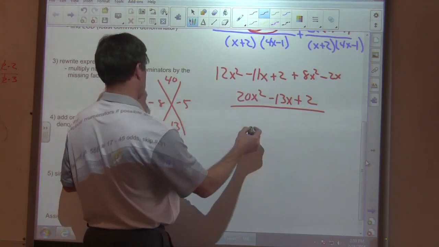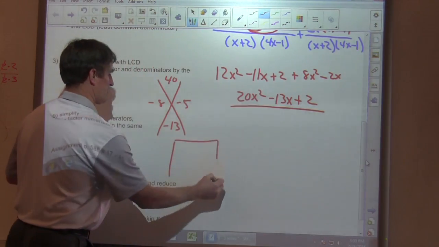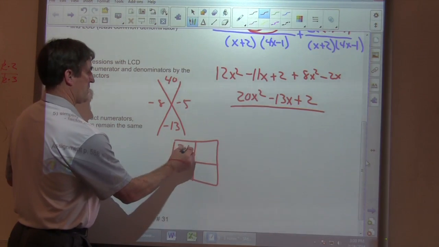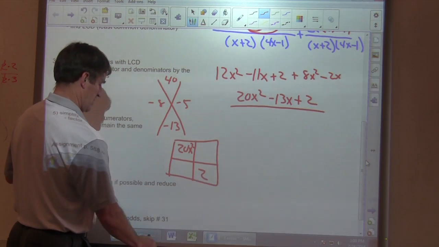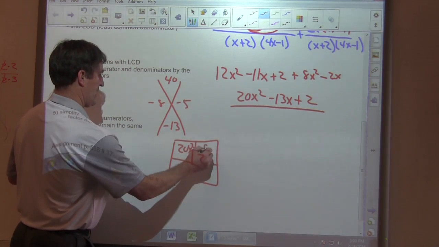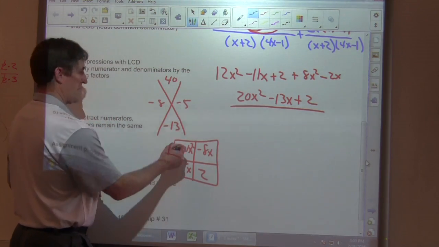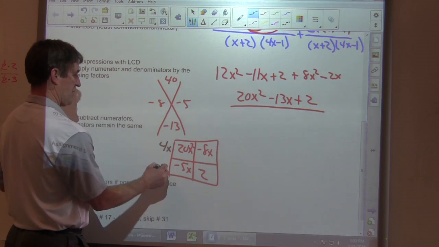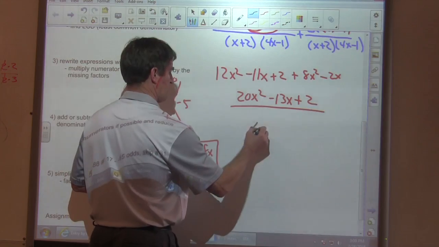So this factors into, we're going to have to build the box. So we get 20x squared and 2, and then our negative 8x and negative 5x. And so we get the greatest common factor here would be 4x. Greatest common factor here would be 1. First box is negative, so 4x minus 1.